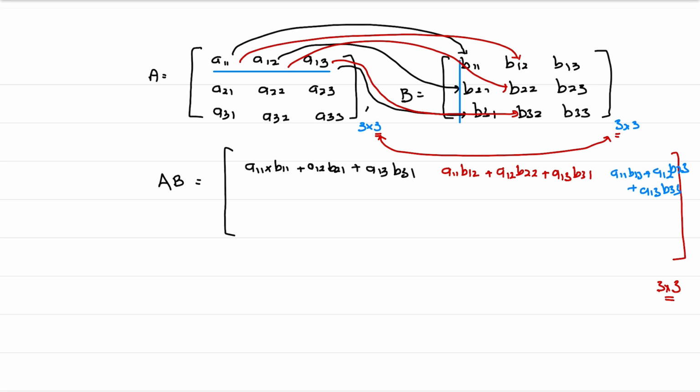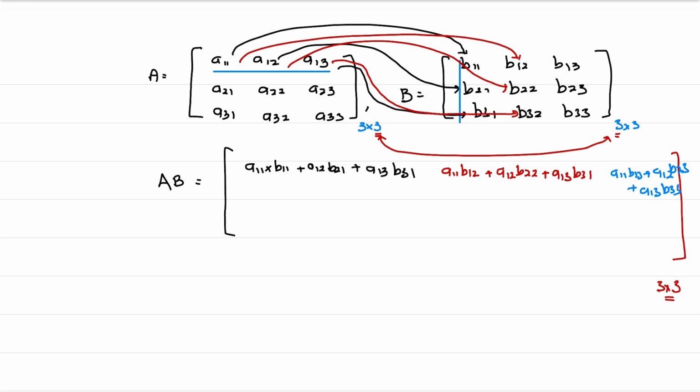That means the row elements of the first matrix will be multiplied with the column elements of the second matrix, and all those multiplications will be added as the first element. Similarly for the second element, similarly for the third element in the first row.